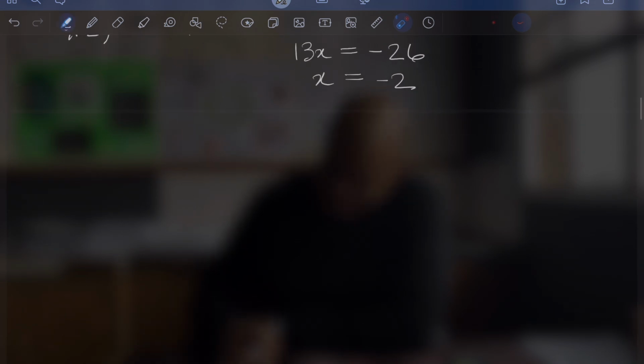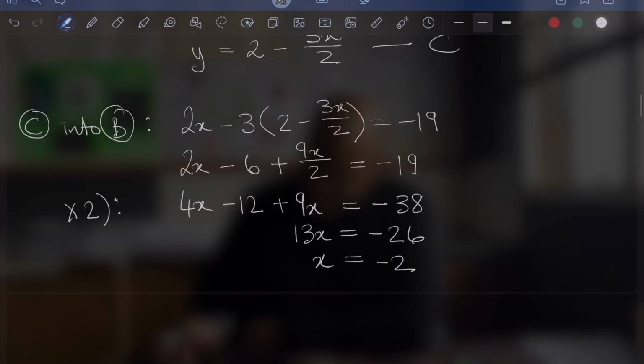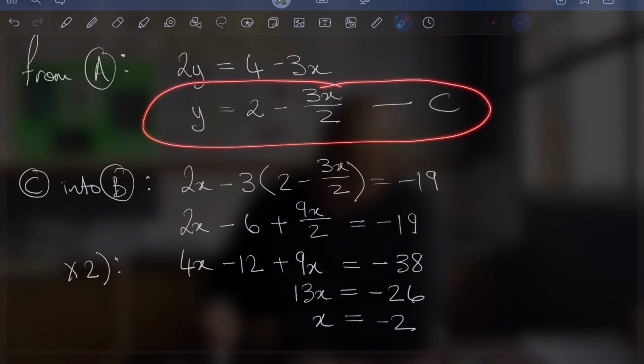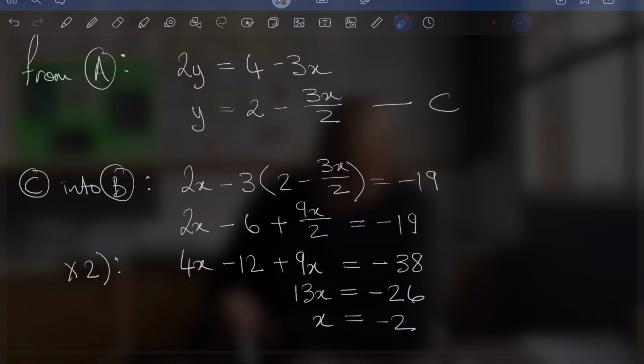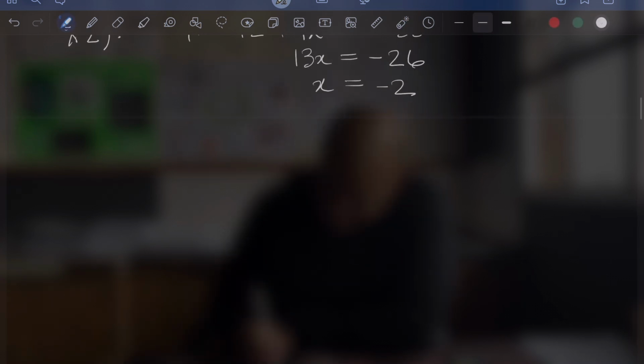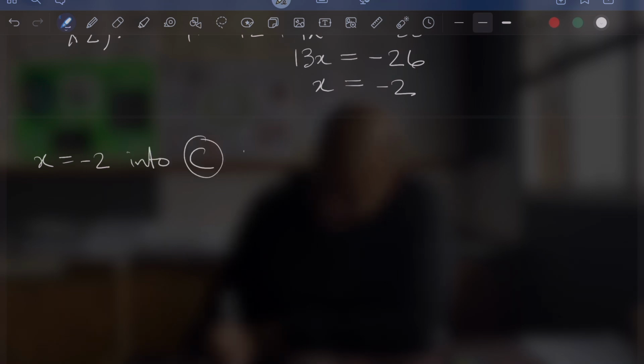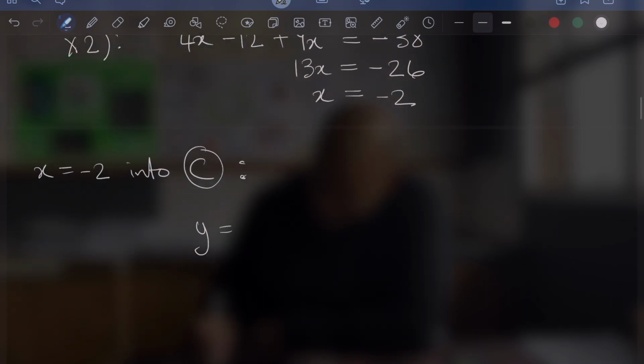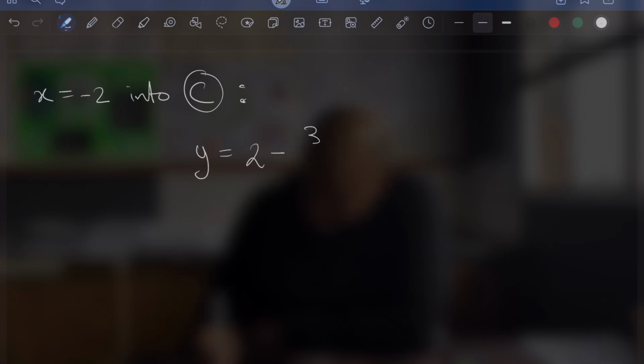Now I'm going to take x equal to negative 2 and substitute it into the new equation you created earlier, because to find y, you've already written y in terms of everything else, so this is the most convenient equation to substitute x into. So we're going to say x equals negative 2 into equation C. Equation C says y is equal to 2 minus 3x, that's now negative 2, over 2.